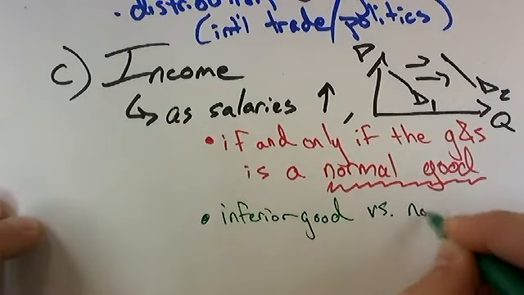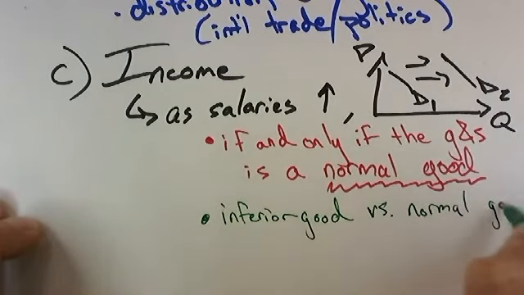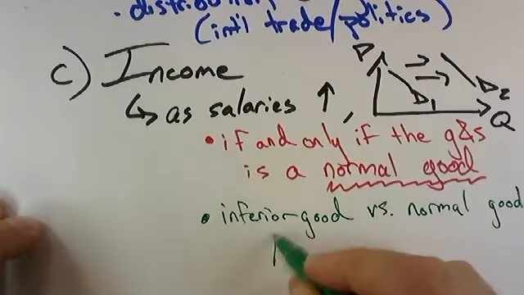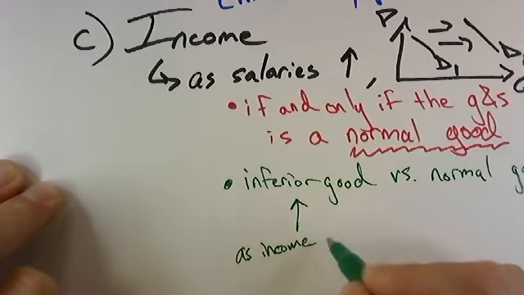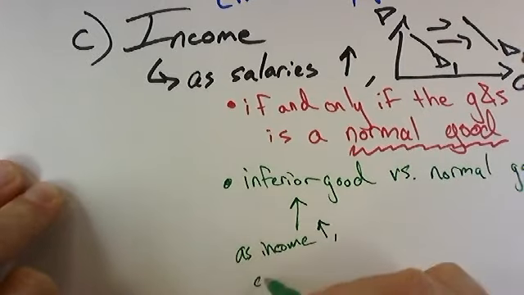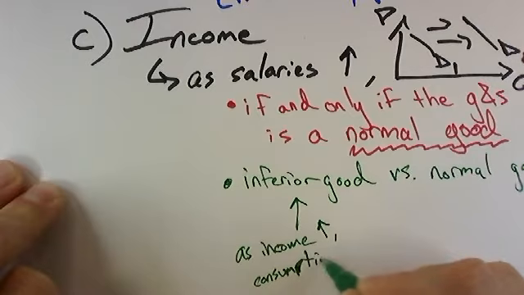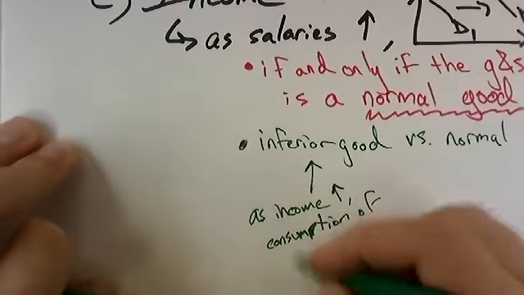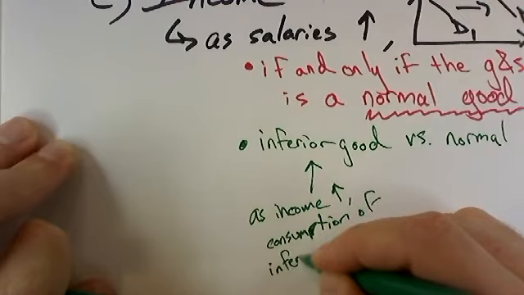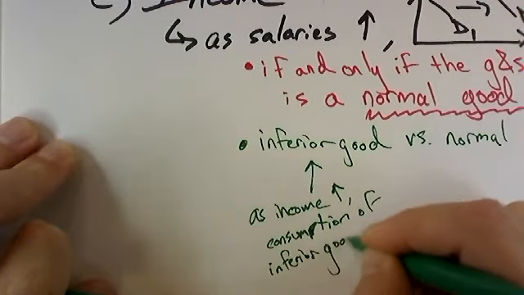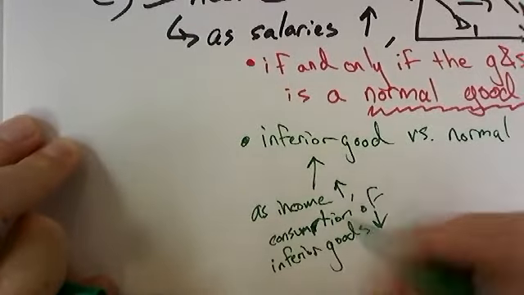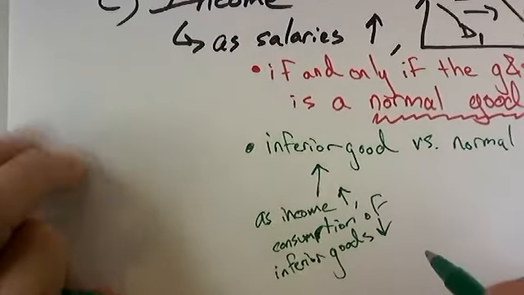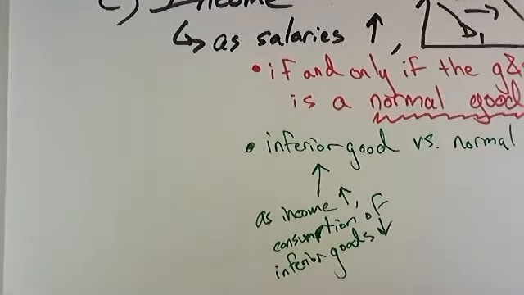You could think about it like that: for an inferior good, as income increases, the consumption of these goods decreases. So this is going to be bus passes, ramen noodles, generic brand anything, that kind of stuff.